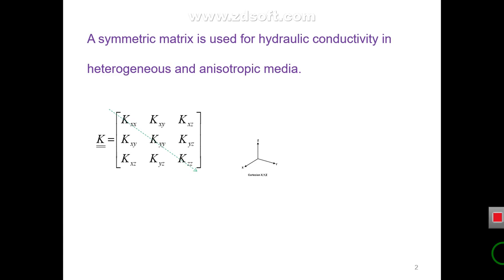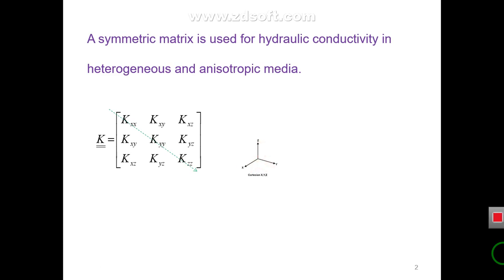with direction. So a symmetric matrix, which is given here, is used for hydraulic conductivity in such media. In this matrix, kxx, kyy, and kzz represent the hydraulic conductivity along the x, y, and z directions.